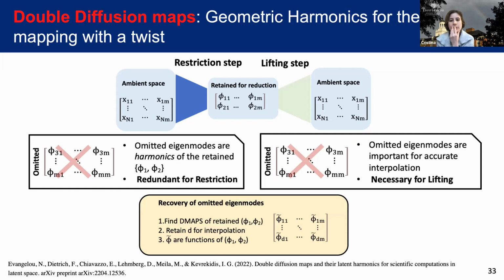And we find a way to recover the omitted eigenmodes by taking the eigenmodes that we identified during the restriction step and computing diffusion maps in these two coordinates. Now retain a number of such eigenvectors and use them for interpolation, and this way we can recover the information that was lost during the restriction step.